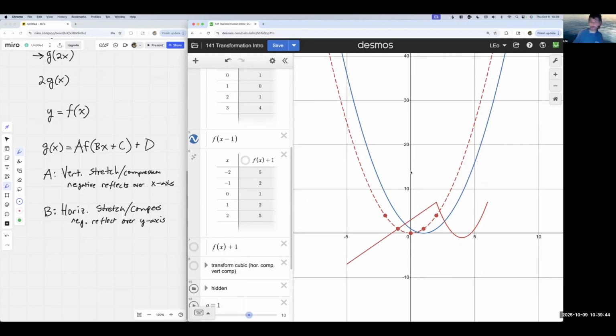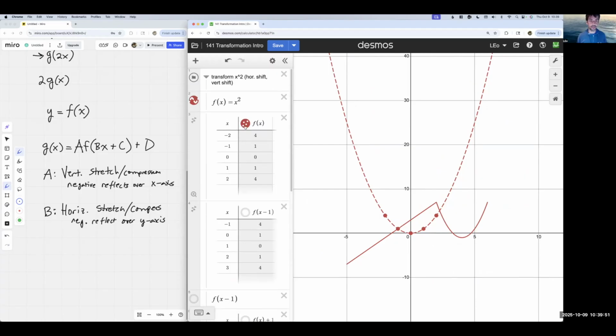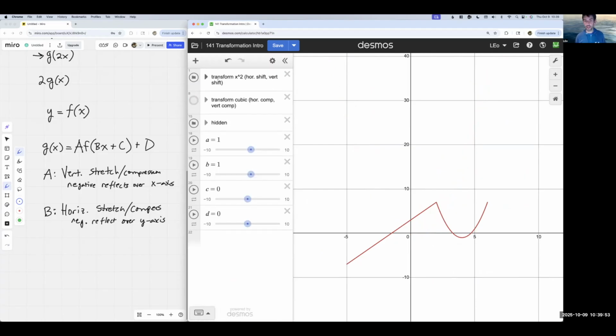We subtracted 1 and we moved in the positive direction, right? It's kind of opposite of what we might think is going to happen. Okay, so with this function here, it's the same idea. Here I'm adding numbers and I'm moving in the negative x direction. And if I subtract numbers, I move in the positive x direction, right? So inside, working on the input, things do the opposite of what our expectations might be.